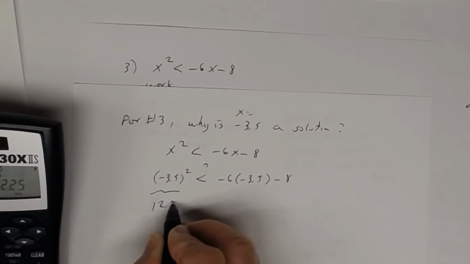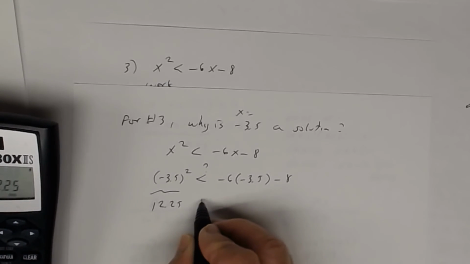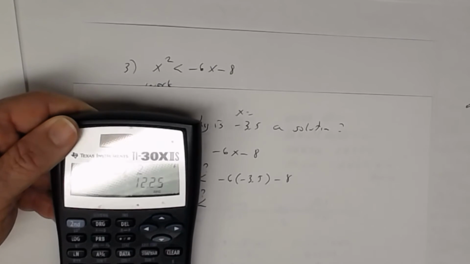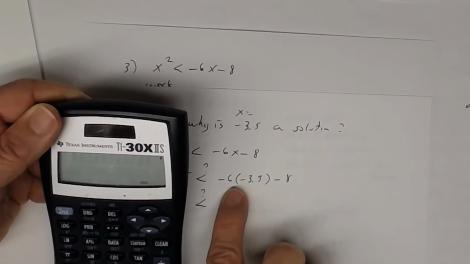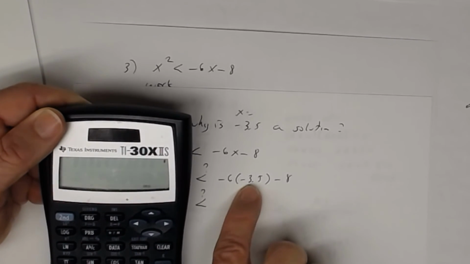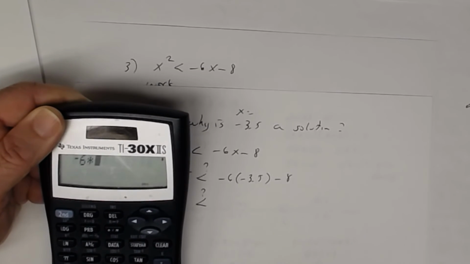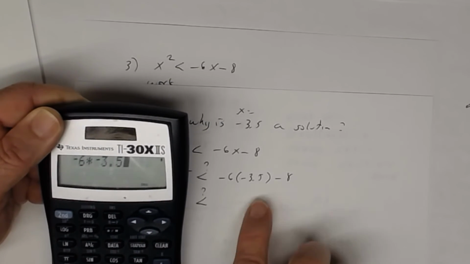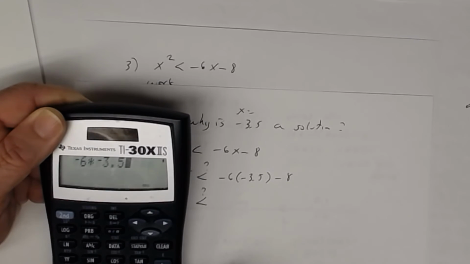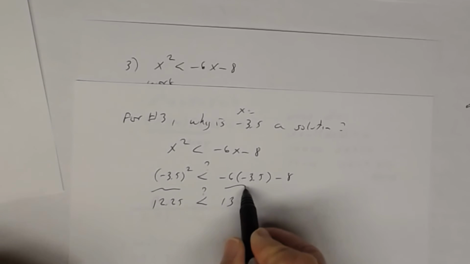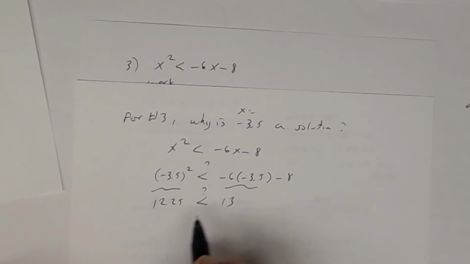So I want to see if 12.25 is less than negative 6 times negative 3.5, be careful, and then subtract 8, which equals 13. So is 12.25 less than 13? The answer is yes. So that's a solution.